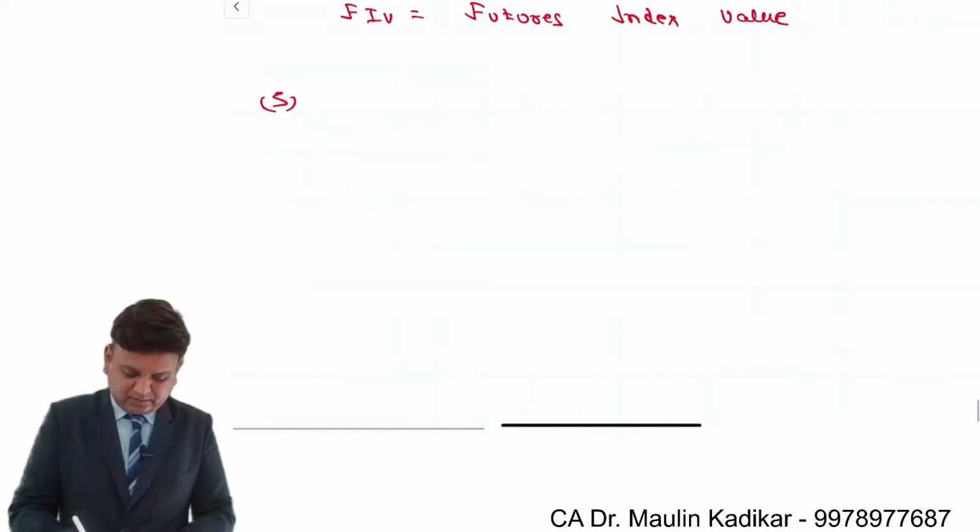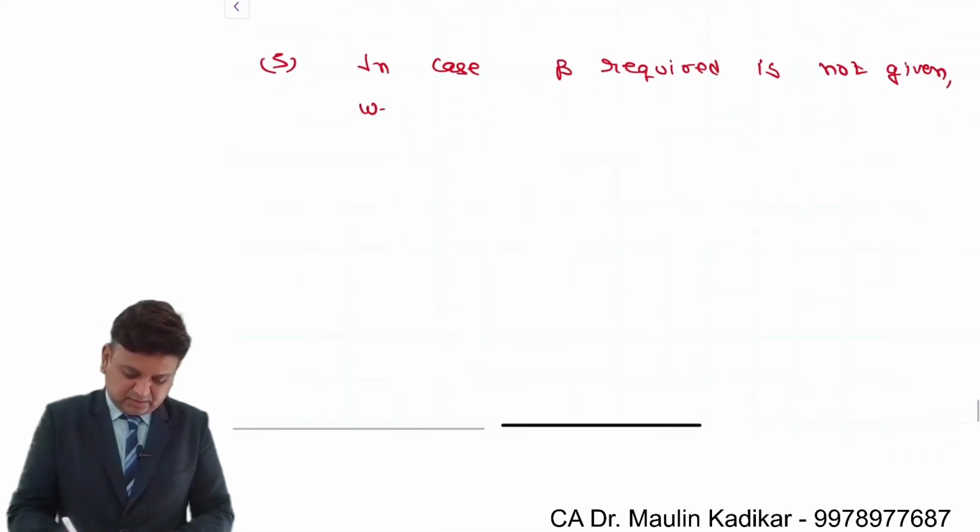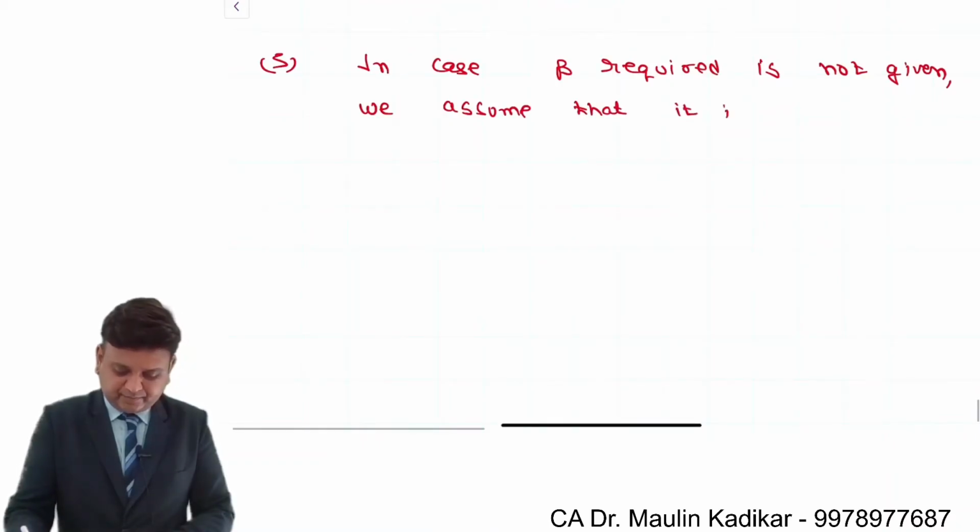Fifth point: in case beta required is not given, we assume that it is 0.